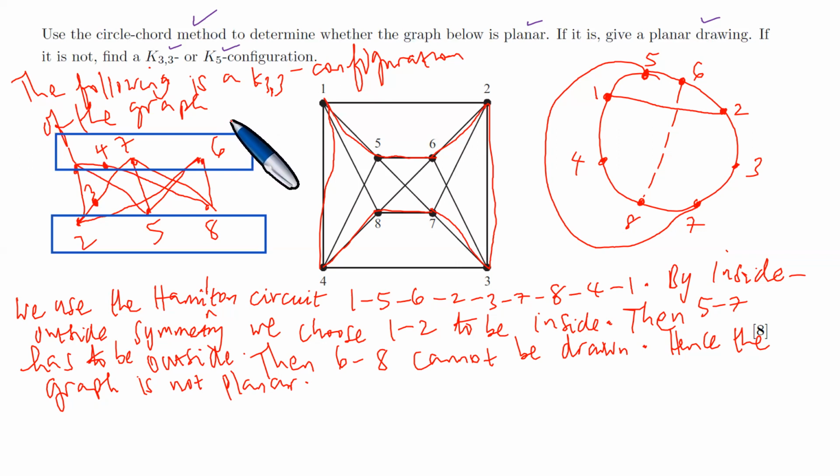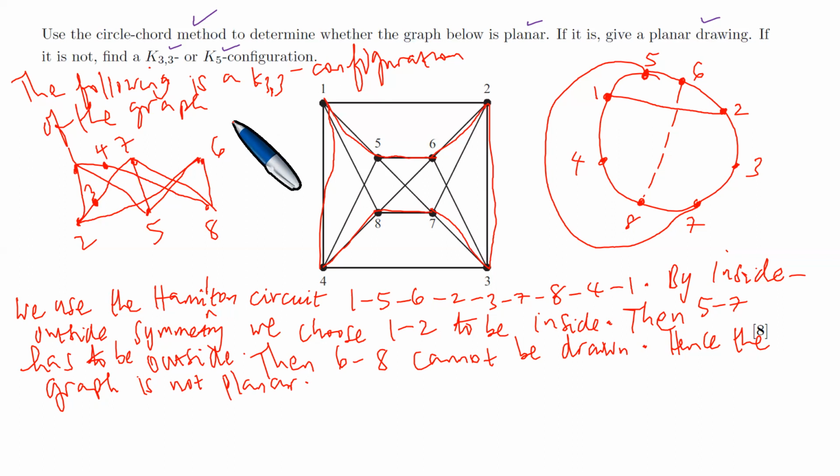First and foremost, what you need to realize is that we actually desire from these a K33 configuration, because we have already seen that it is non-planar, and therefore we need three vertices.